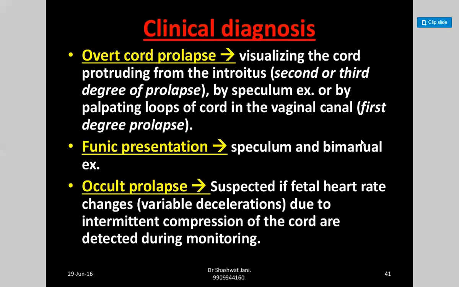That is what we see during the examination. The fetal heart rate decreases in between, and why? Because of the compression of the cord in between. So the FHR is plus minus, that is variable deceleration.